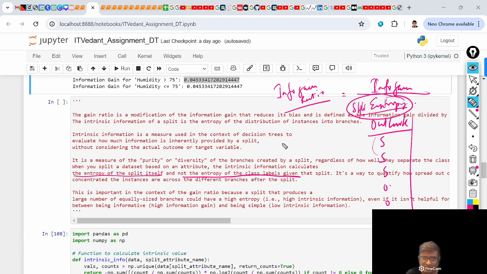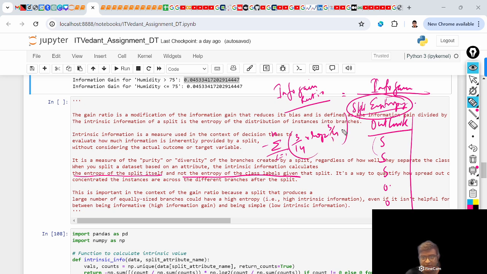So what it will do, it will calculate the entropy, that is nothing but the same summation we need to find out. So negative summation of entropy for this Sunny. The total records with Sunny is 3 and total is 14, into log 2 of 3 by 14.